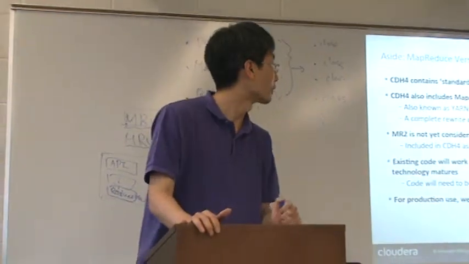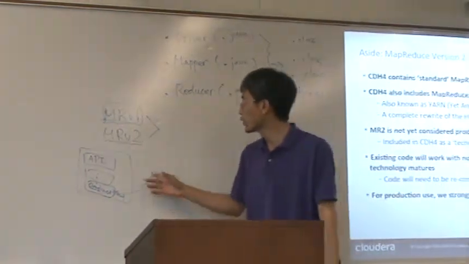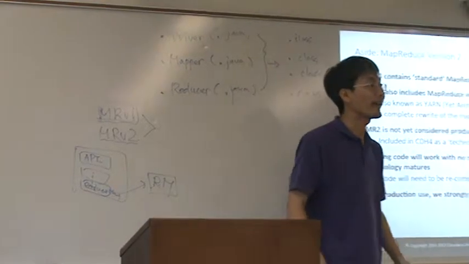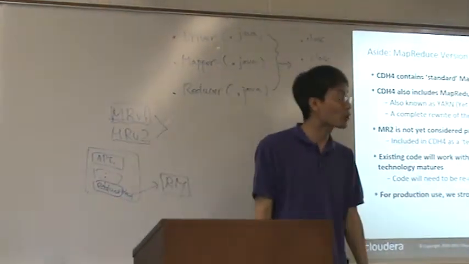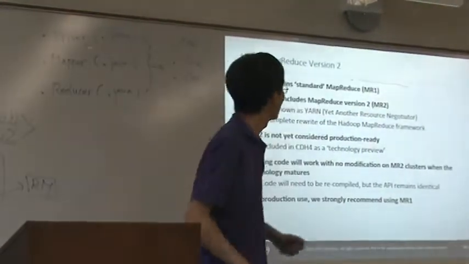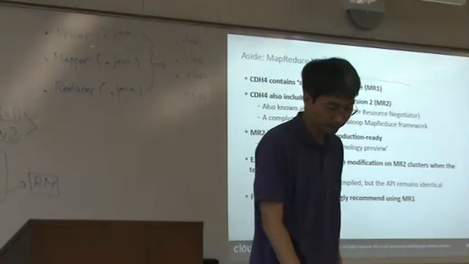The good news is that MapReduce version 2 can run MapReduce version 1 source without modifying or recompiling. So we are going to use MapReduce version 1 in this class.